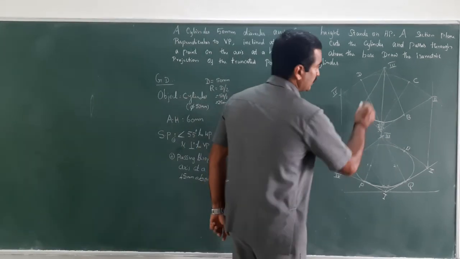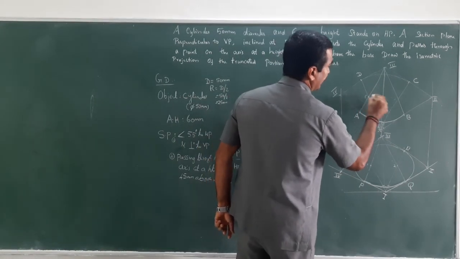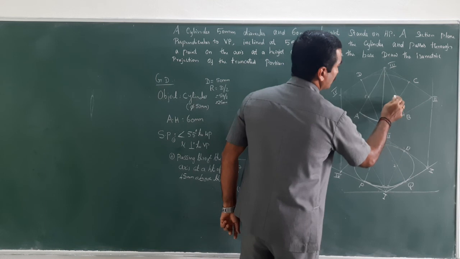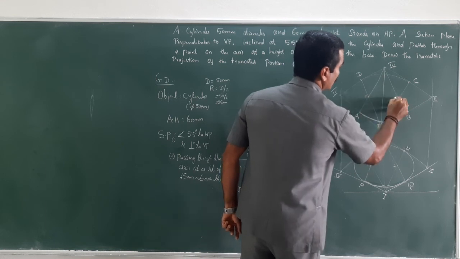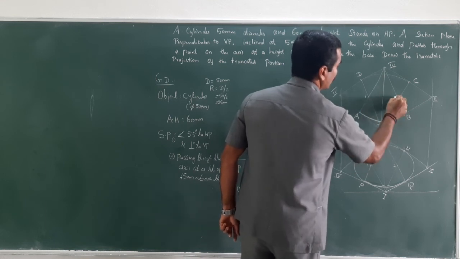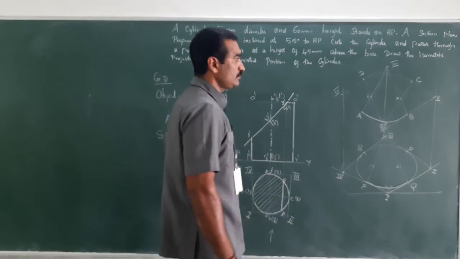Right. Next, choose this point as 1 dash, so 1 and 2. Let it be 1 and 2. Okay. Fine.